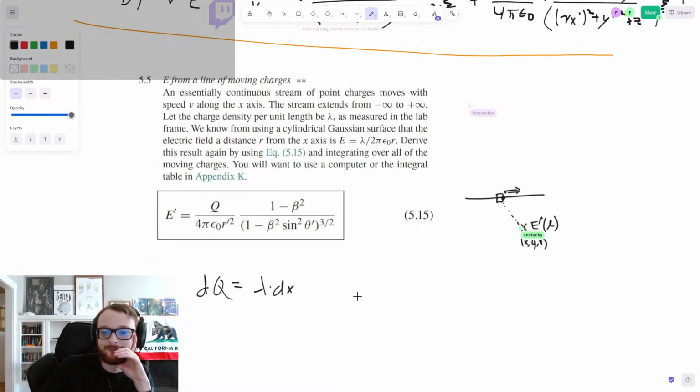Okay, I want to be careful though. This x is not the same x as the one that shows up in the theta, as measured in the lab frame.